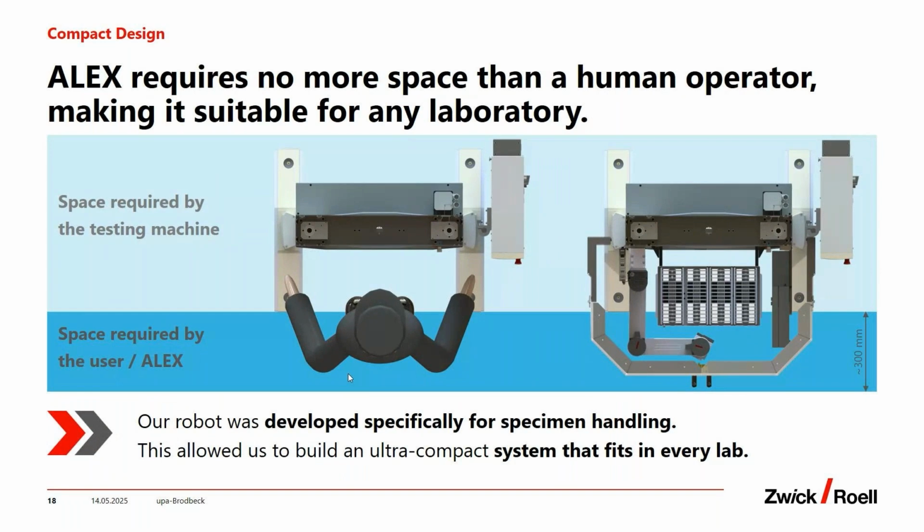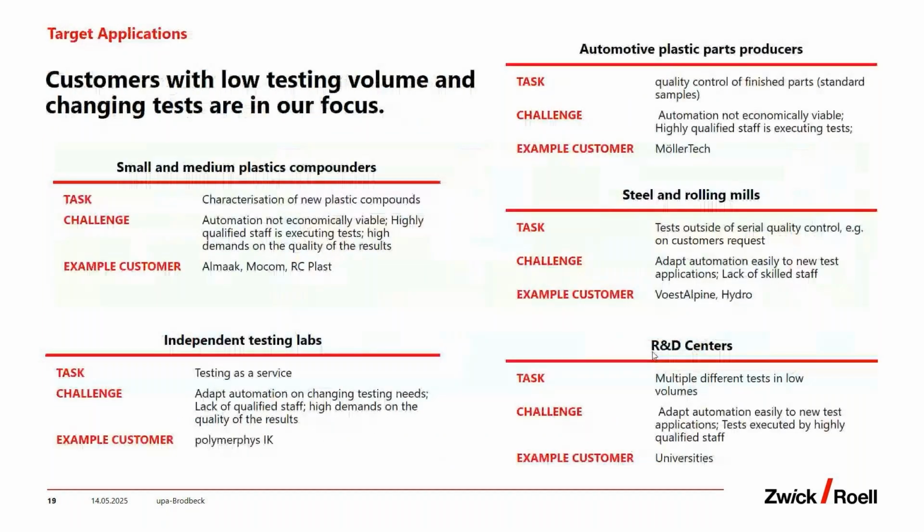So here you see the difference, or the lack of difference. The space required by the testing machine and the space required by the user, which is the top view of the user, and on the right-hand side, the Alex dimensions. So it literally fits in every lab with a testing machine and an operator. It's really super compact. What kind of packages did we define?